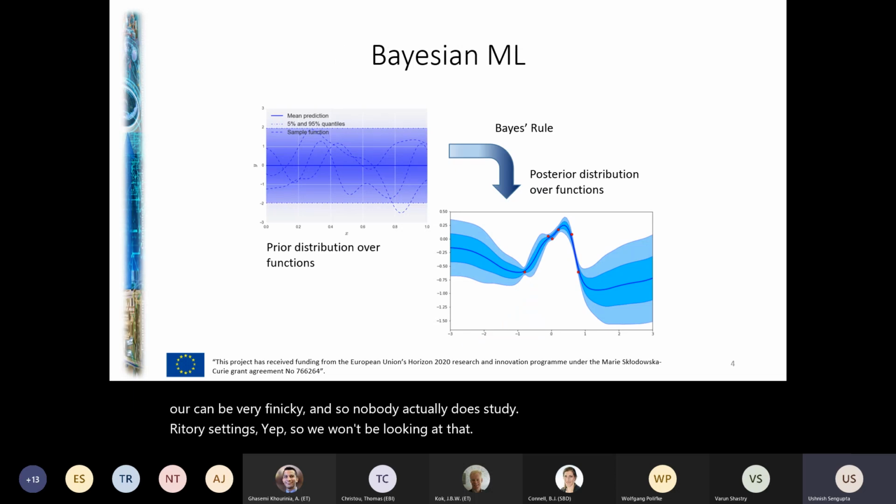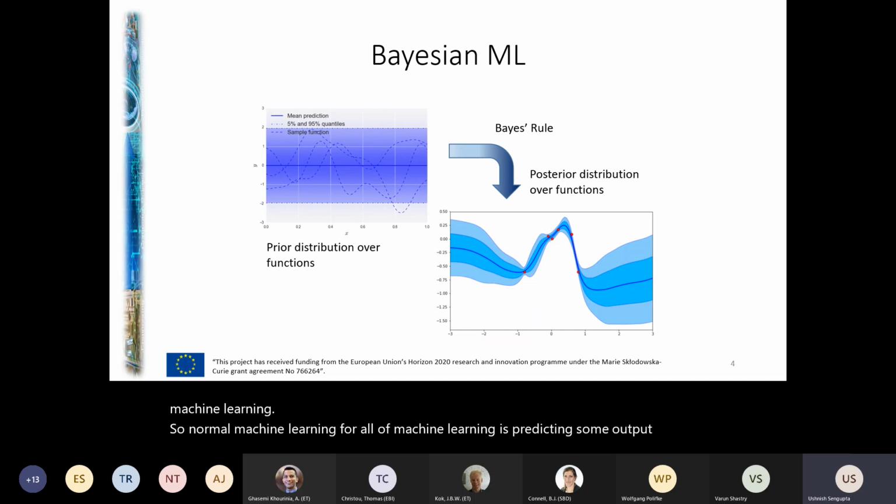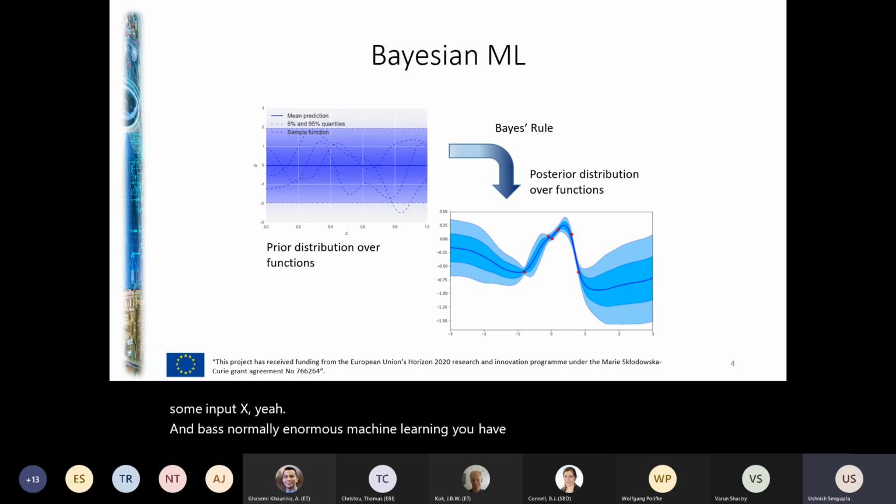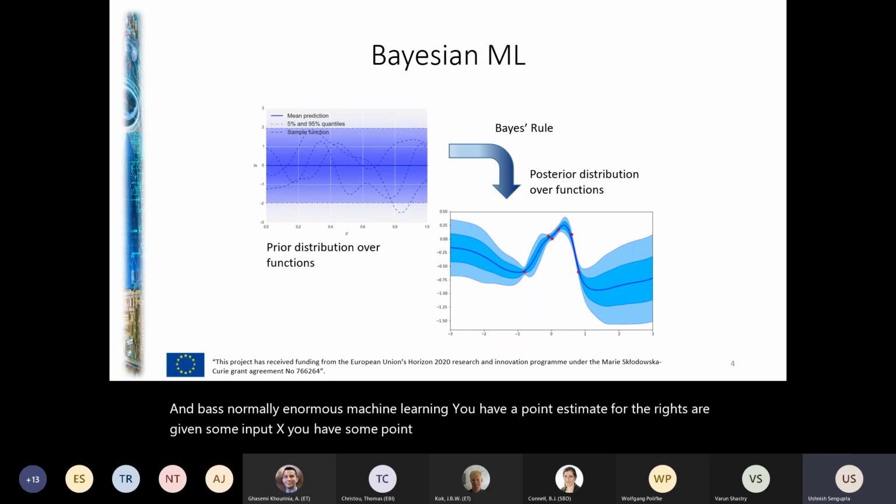Most of you have heard this spiel before, but I will just recap the basics of Bayesian machine learning. All of machine learning is predicting some output y from some input x. In normal machine learning, you have a point estimate: given some input x, you have some point estimate of the output.